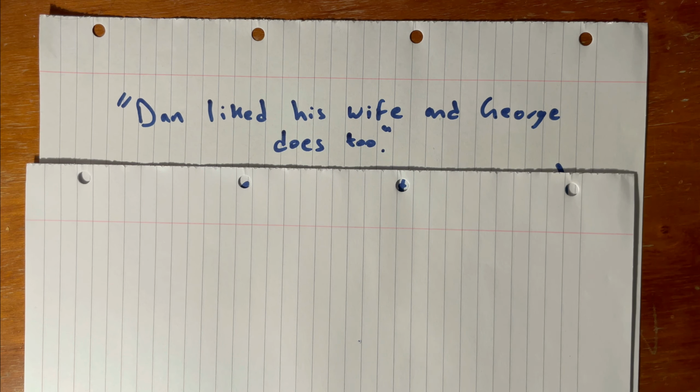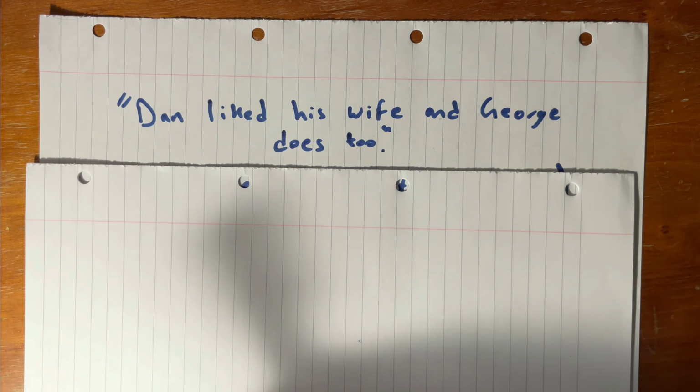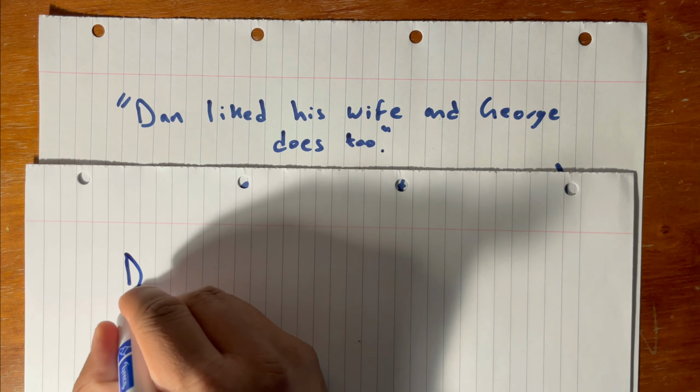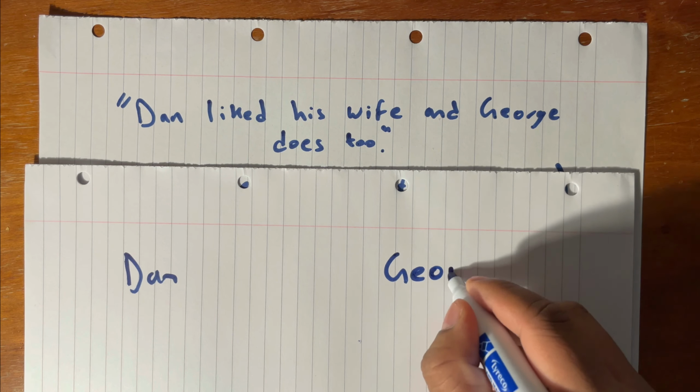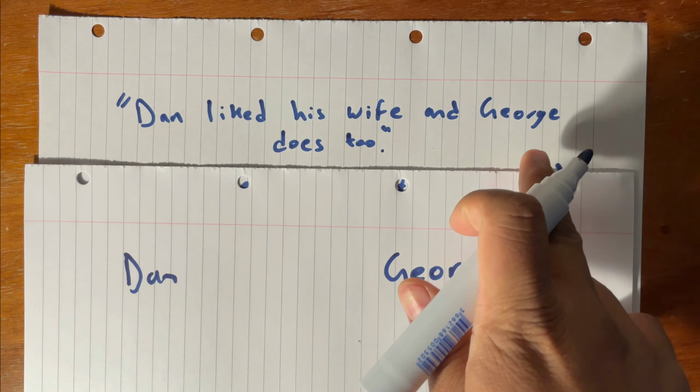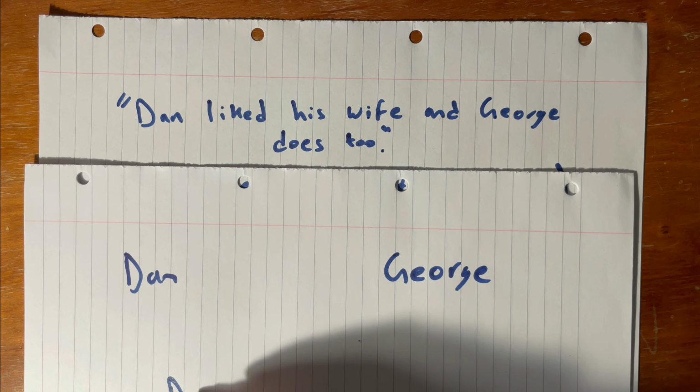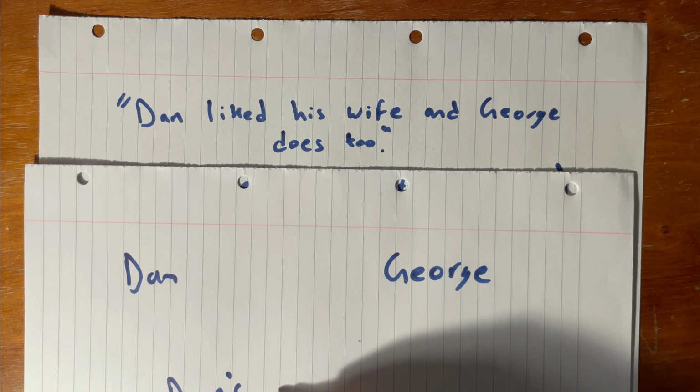Right. So with this, we have a set of subjects, right? First will be Dan, then the second one will be George, since these two names are mentioned, and the third one that's obvious is Dan's wife, right?